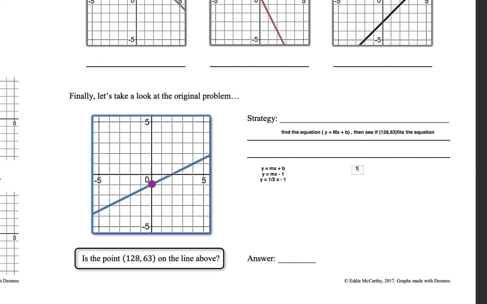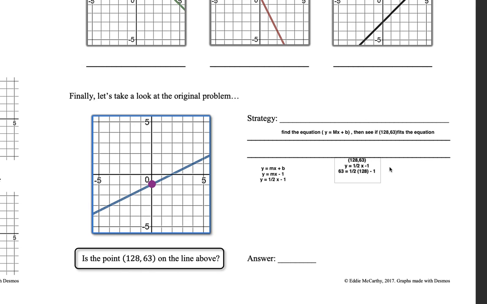So now we've got to do this point, 128, 63. Let's see if it's actually on this line. So our first step, let's write the equation that we just found. x minus 1. Now let's fill in what we know. So does 63, because our y is 63, equal 1/2 times 128, which is our x, minus 1?